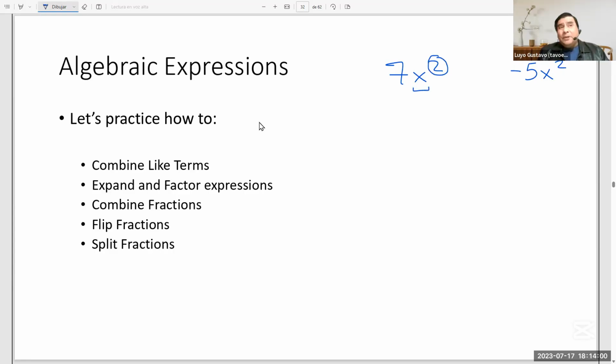But for example, 8xy versus 7xy squared are not like terms. Why not? They have the same 2 variables, x and y, but the second term has exponent 2 for y, while here the exponent is just 1 for variable y. So these are not like terms, okay?